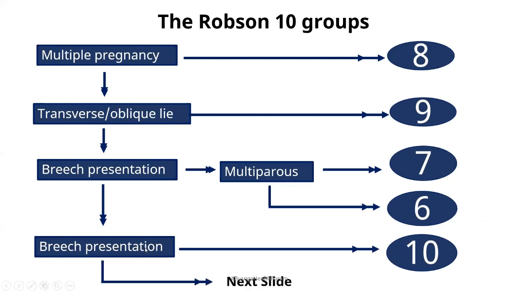Sorry about this error here. Group 10 is about gestation age. All mothers who come in with a preterm pregnancy, for that matter, belong to group 10 as long as they are single pregnancies.